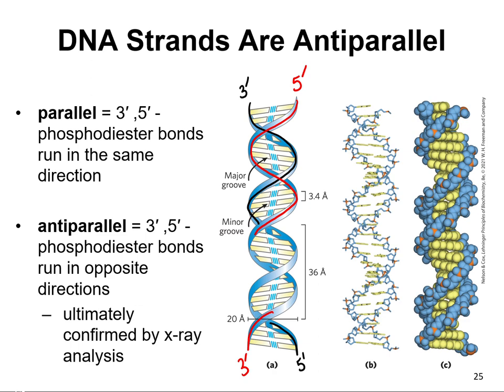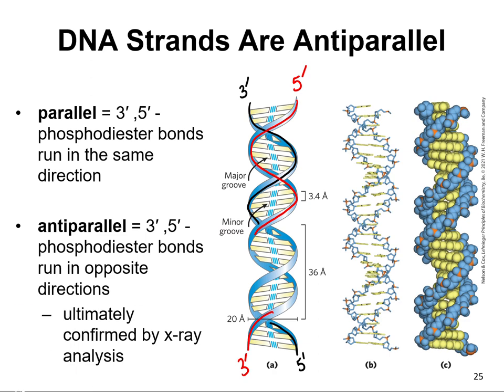It's going to be really important to understand that when we're looking at DNA and RNA metabolism, because understanding the anti-parallel nature of double-stranded nucleic acids will help you understand the mechanism for how we replicate and repair these molecules.